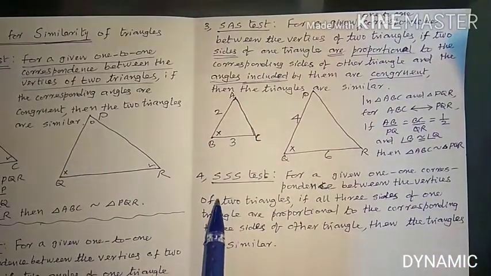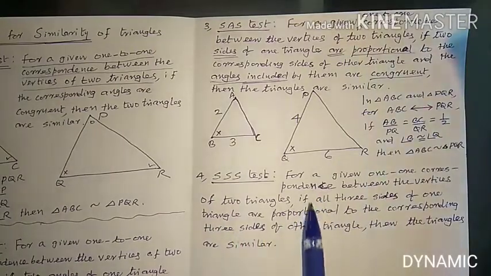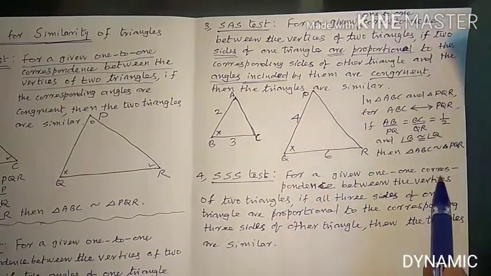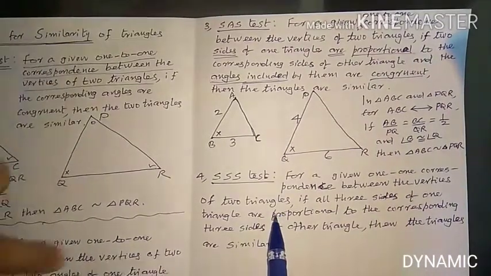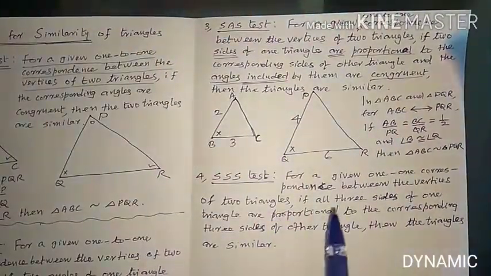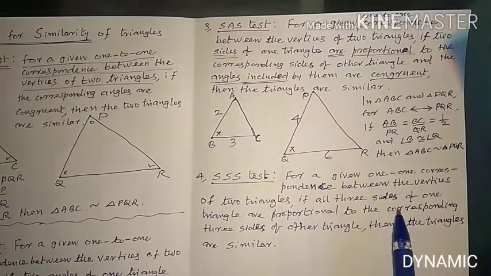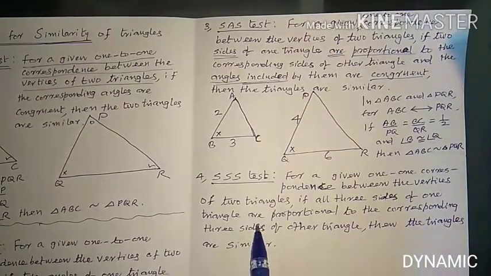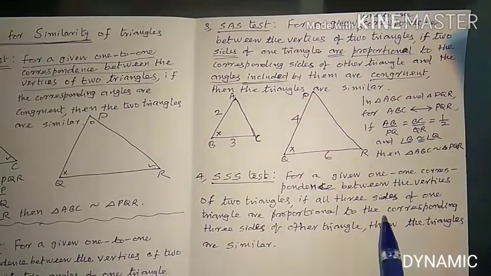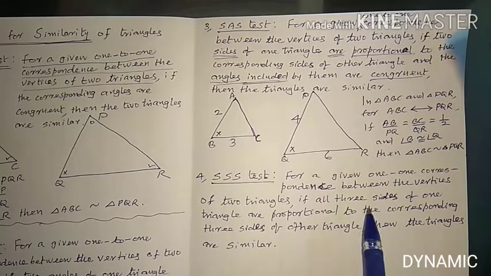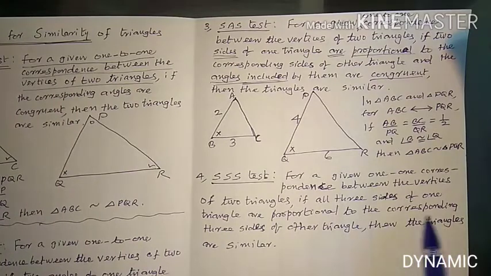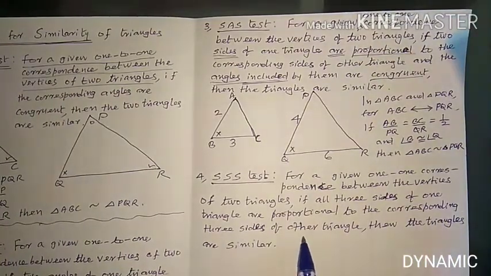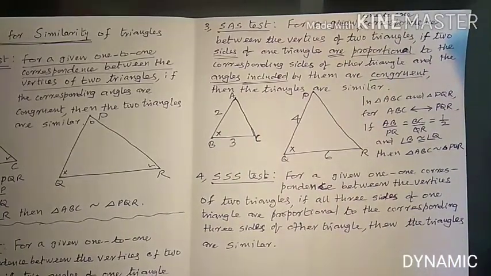The fourth and final one, SSS test. For a given 1-1 correspondence between the vertices of two triangles, if all three sides of one triangle are proportional to the corresponding three sides of the other triangle, then the triangles are similar.